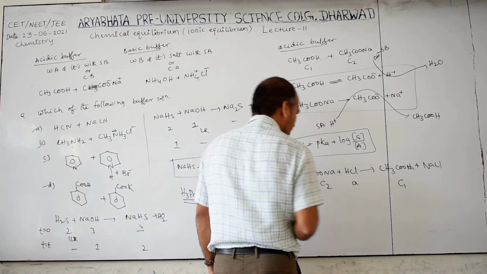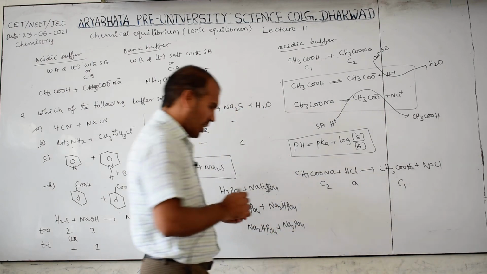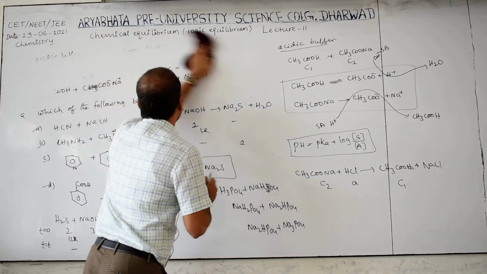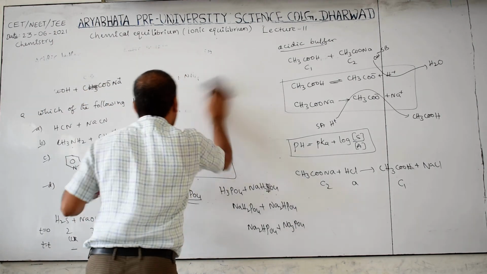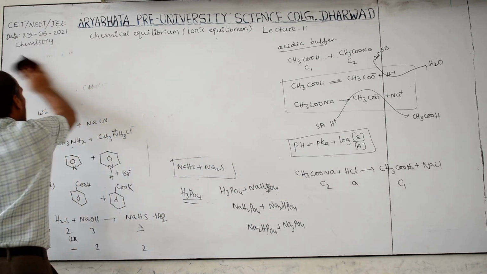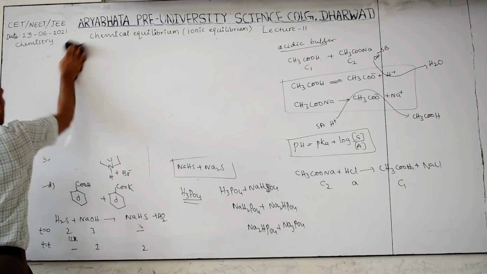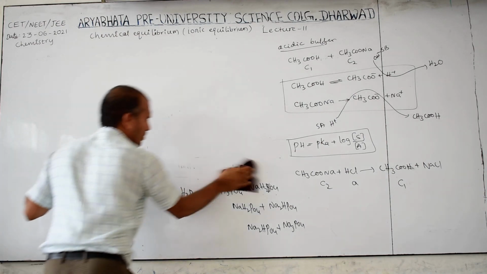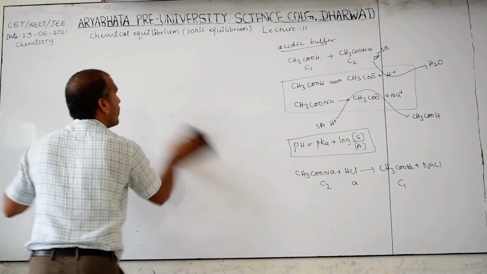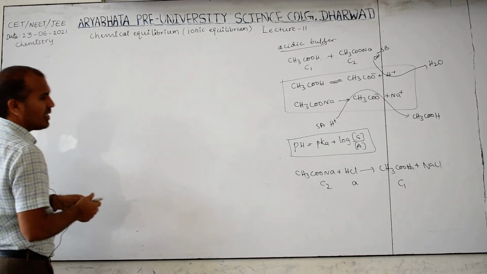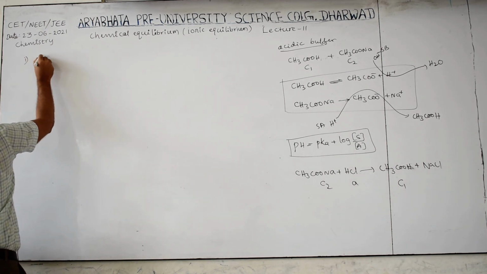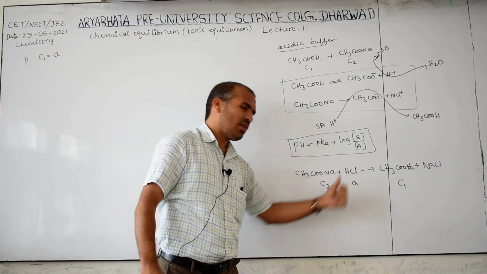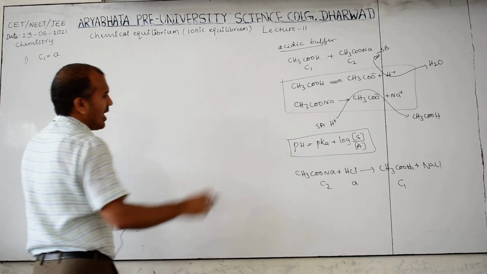Now, what conditions are possible here? 3 conditions are possible. The first one is C1 is equal to A. If both are limiting reagents, because the stoichiometric equation is 1 to 1, both are completed and form acid.